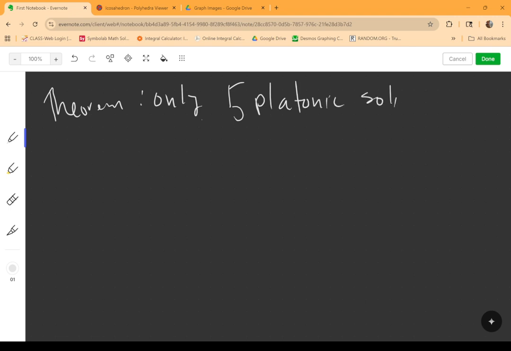Okay, so our theorem here is that only 5 platonic solids exist. Remember, in these platonic solids, each face is identical.